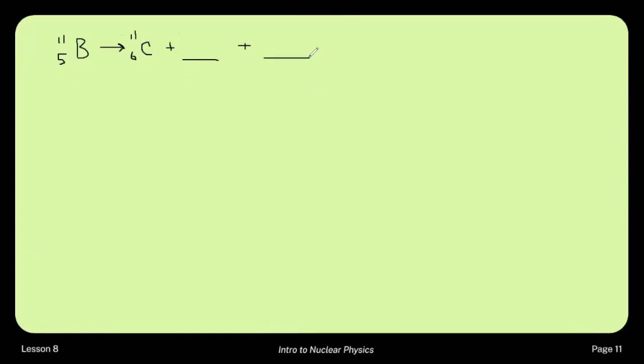The first thing to do is identify what kind of decay this is. I'll give you a hint, it's either beta minus or beta plus decay. Notice that we're gaining a proton, which means we're gaining a positive charge. So we want to cancel that out with a negative charge in the form of an electron or a beta minus particle.